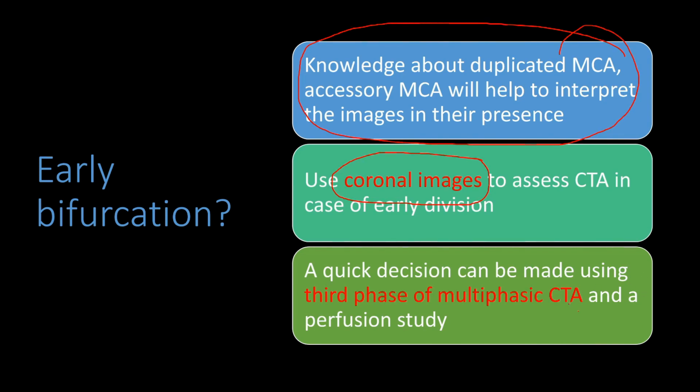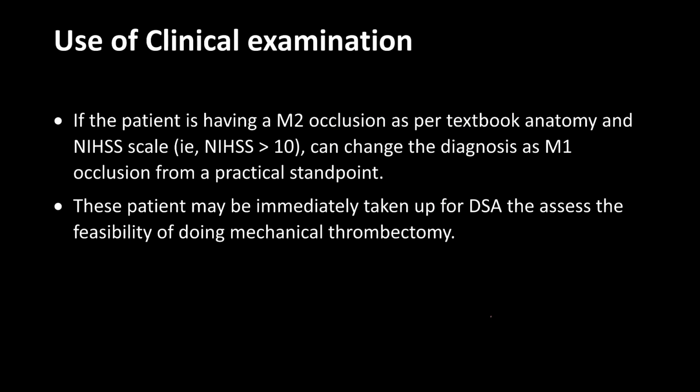Then always make use of the third phase of the multiphasic CT angiogram, where you can see the area of altered perfusion. If the area is large, then definitely it is a large vessel occlusion. If the patient has a higher NIHSS score, especially more than 10, and also has cortical signs like global aphasia, gaze preference, hemineglect, etc., then the patient may have a large vessel occlusion.